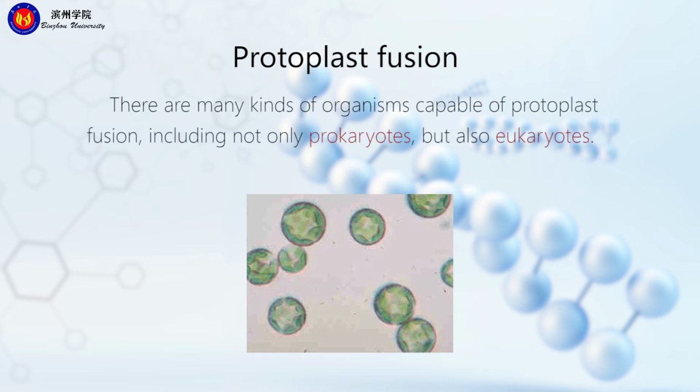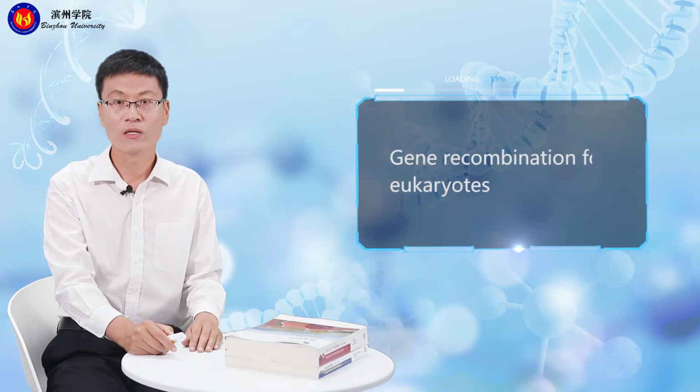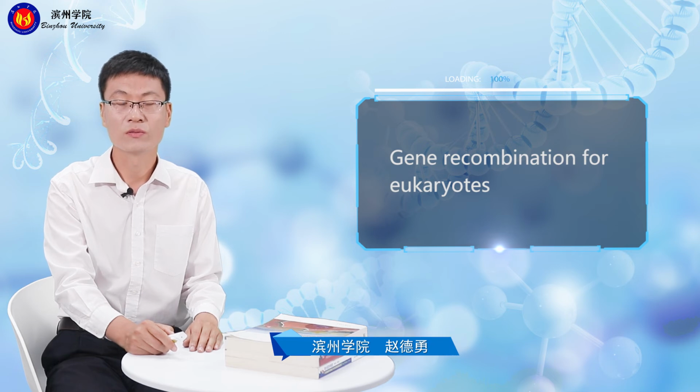There are many kinds of organisms capable of protoplast fusion, including not only prokaryotes but also eukaryotes. Next, let's take a look at the gene recombination for eukaryotes.